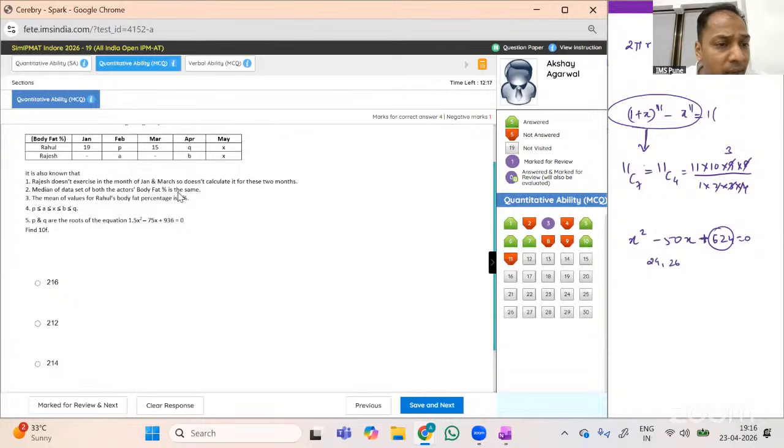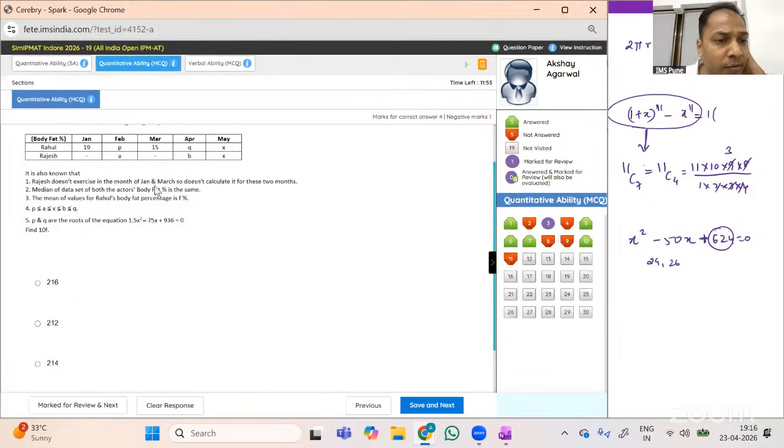Median of the data set of both the actors' body fat is the same. 15, 19, 24, 26 and X. So X could also be the median.